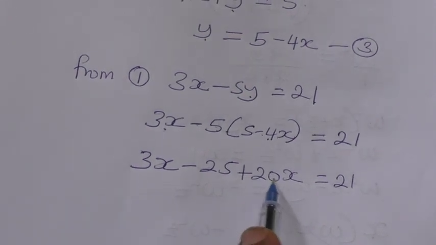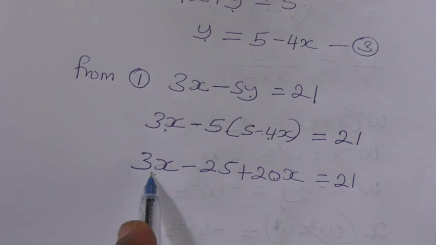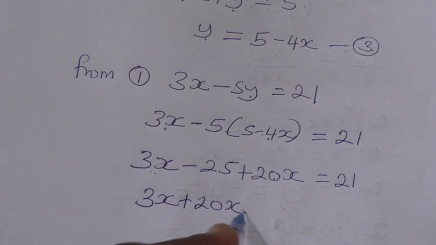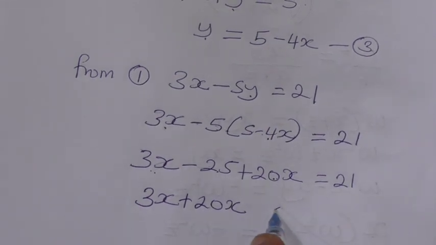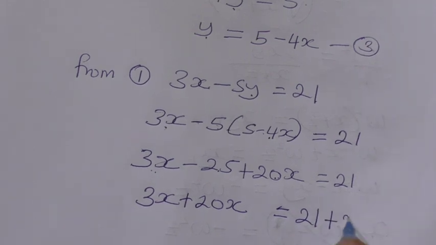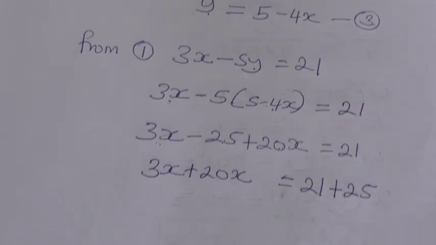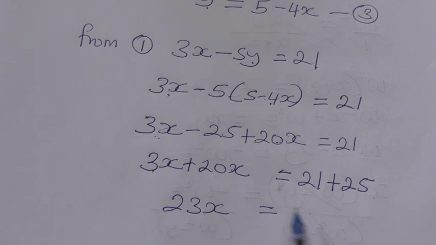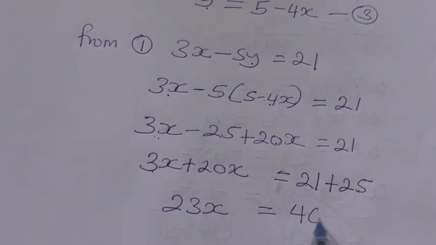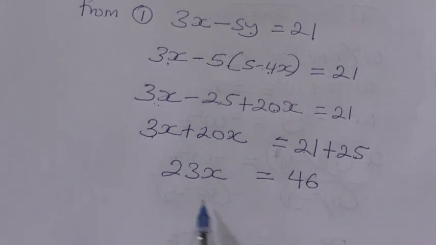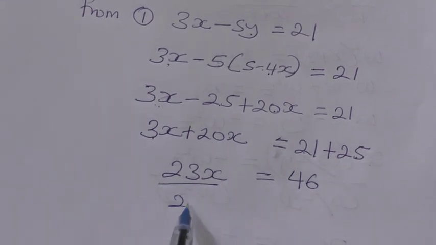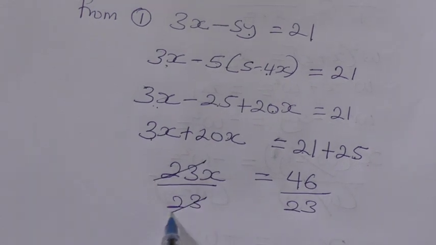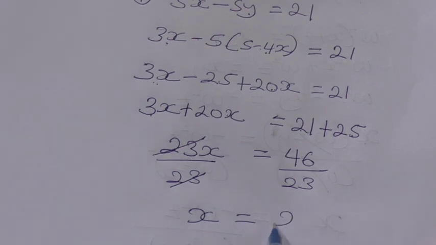Then I simplify like terms, that is 3x plus 20x, and I take the 25 to the other side, giving me 21 plus 25. So this gives me 23x equaling, when I add, 46. Therefore I find x by dividing through by 23, hence giving me x as 2.